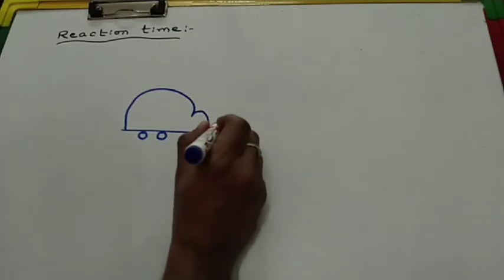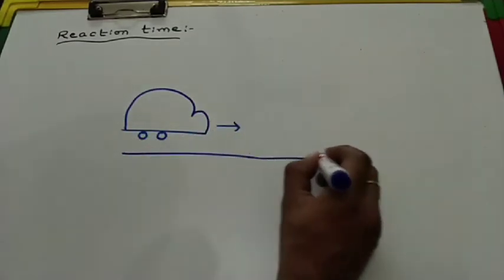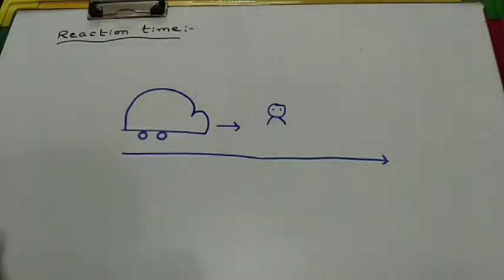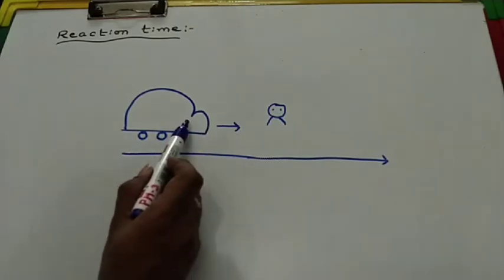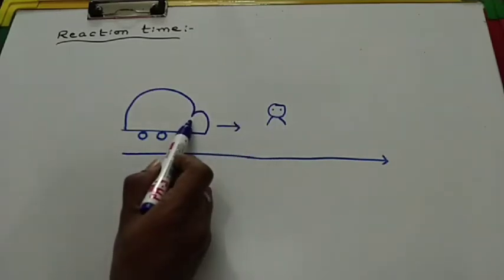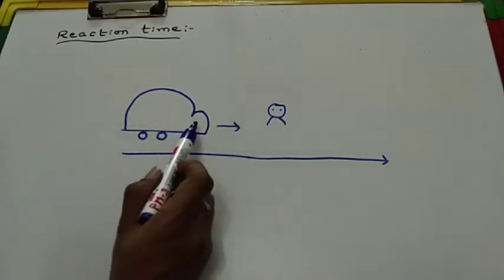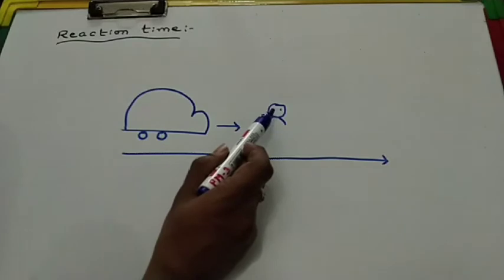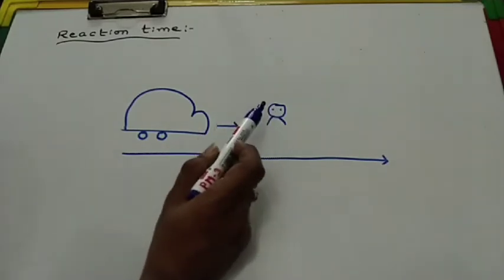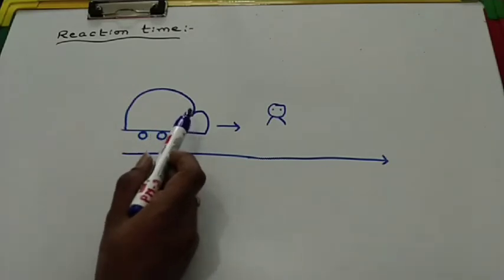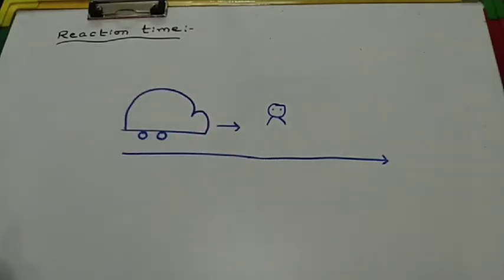Here there is a driver who drives in the positive x direction. Suddenly a person came here. The driver does not want to collide with the person. This driver immediately sees the person, thinks about the person and acts accordingly, meaning he will apply the brakes. For all this he will take some time. That time we can call reaction time.